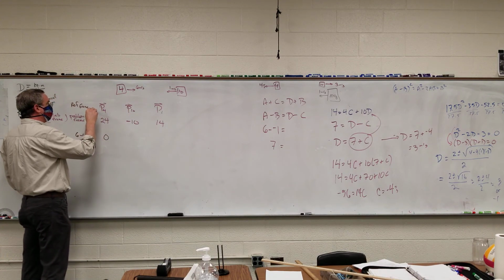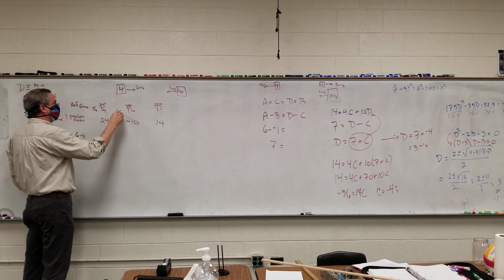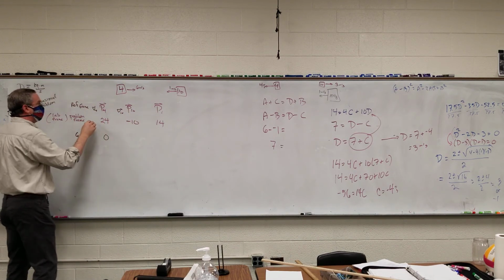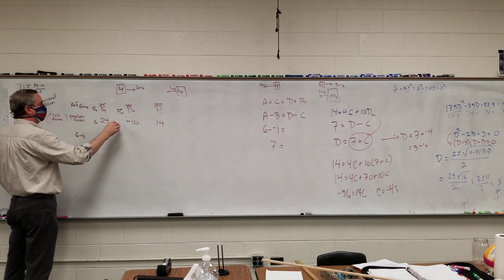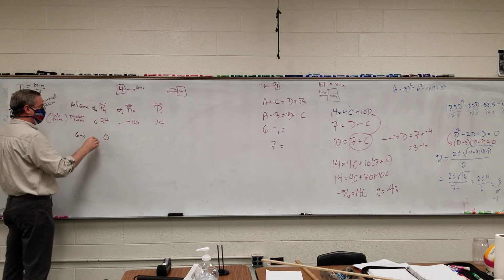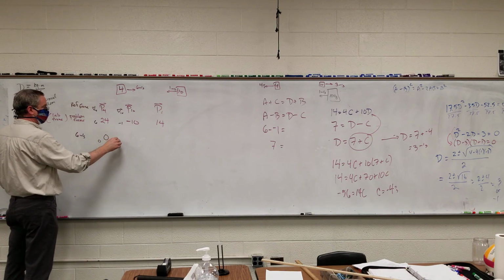What would you put in velocity here? Velocity 4, velocity 10. So this would be 6 and negative 1. So now this is 0 and this is negative 7.